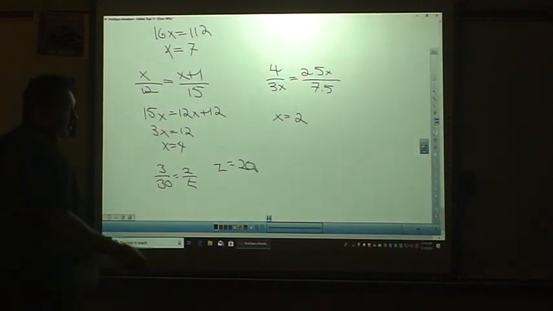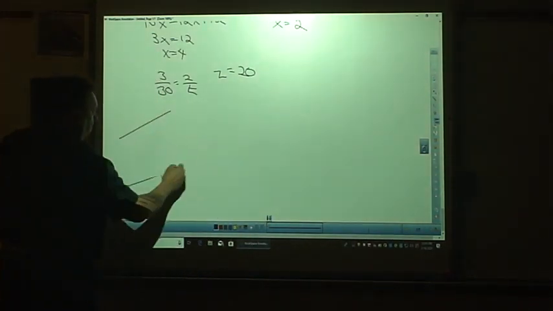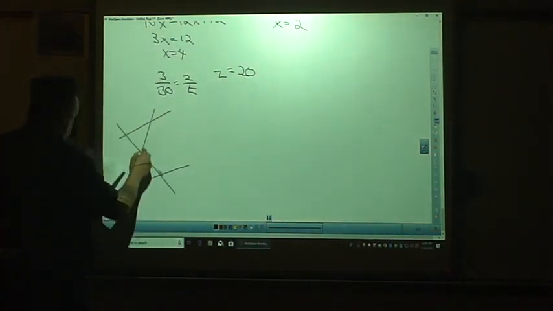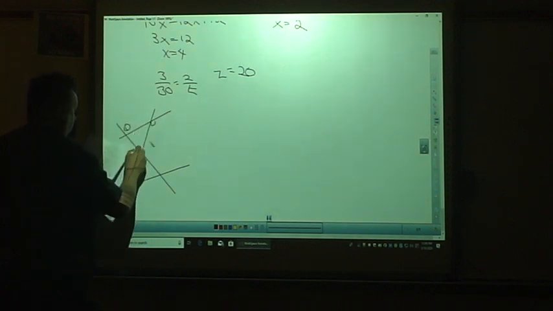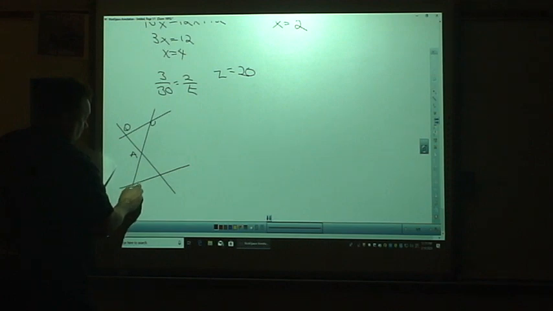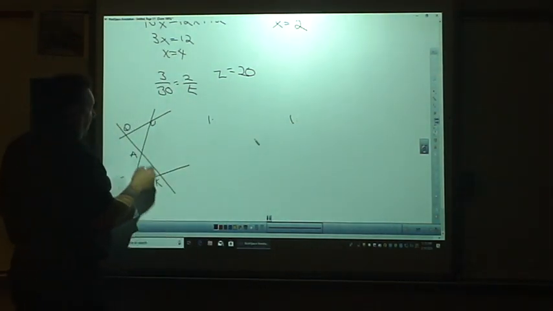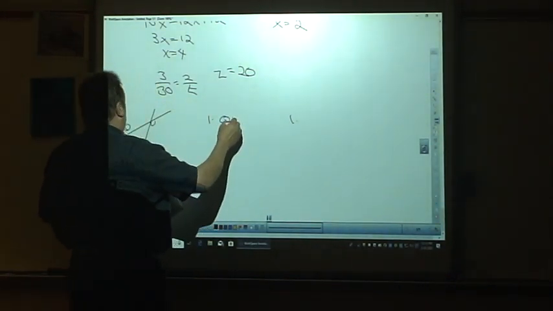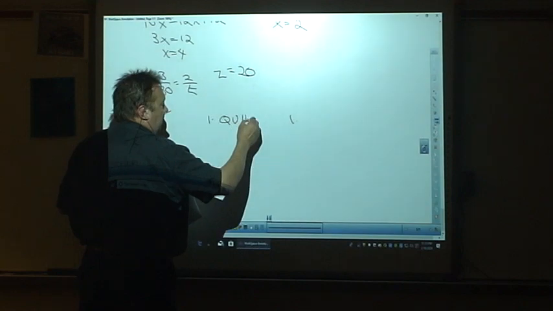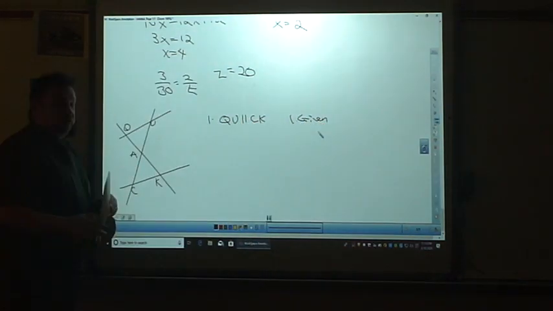For the proof, parallel lines form equal alternate interior angles. We know that QU is parallel to CK. It's given. We're trying to show the triangles are similar.